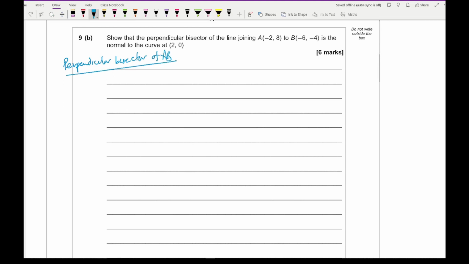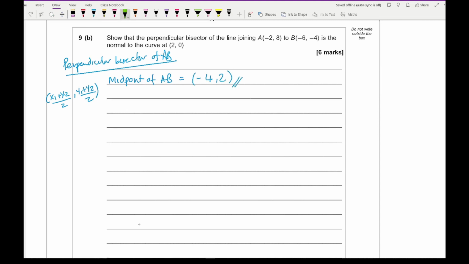So in order to do that, I need to find the midpoint of AB, in which the formula I use for that is going to be x1 plus x2 over 2, y1 plus y2 over 2. And using the equation, I should get a midpoint of -4, positive 2.